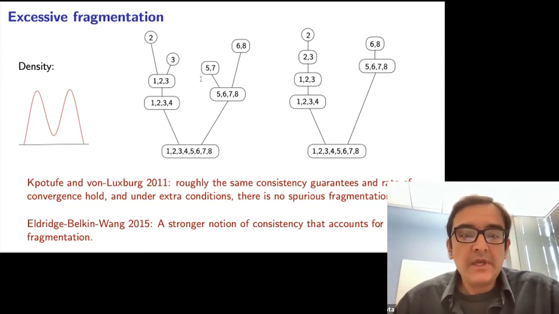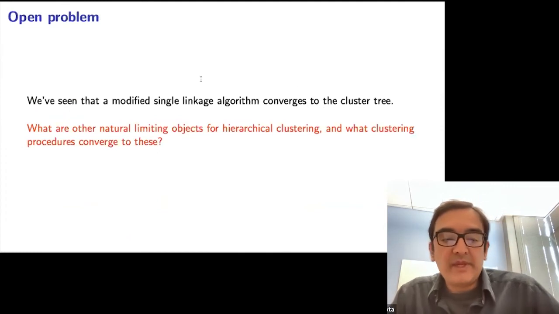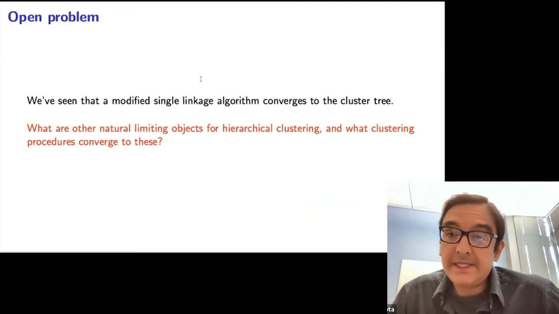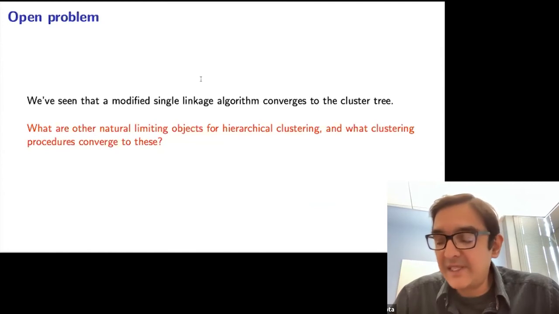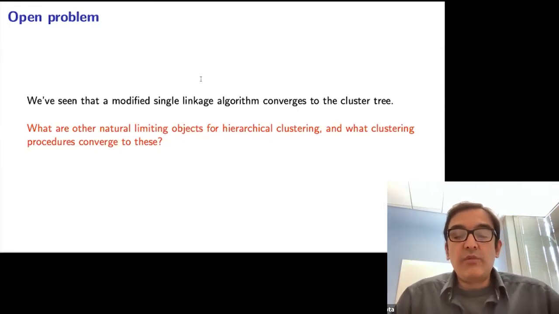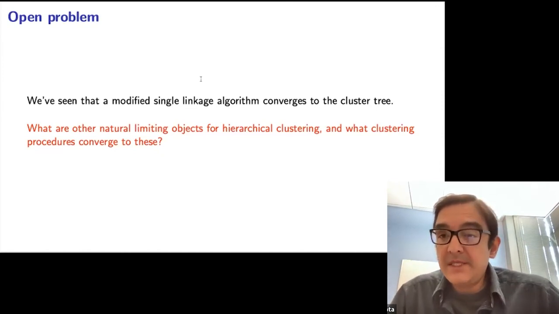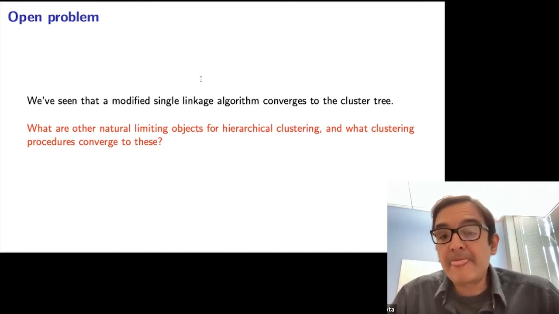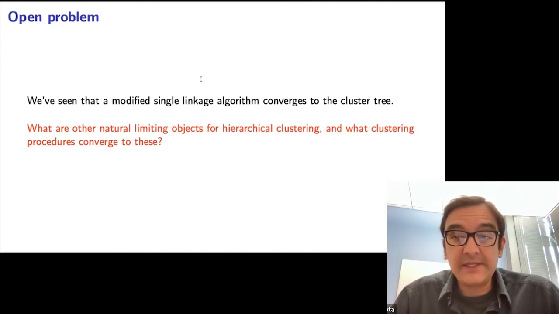So in terms of open problems, I think the nicest open problem over here is the following. What we've seen is that there is this very natural notion of a limiting object for hierarchical clustering, which is the cluster tree, and that modified single linkage actually converges to it. But what would be really wonderful is to find other natural limiting objects for hierarchical clustering, and to find procedures that converge to these.